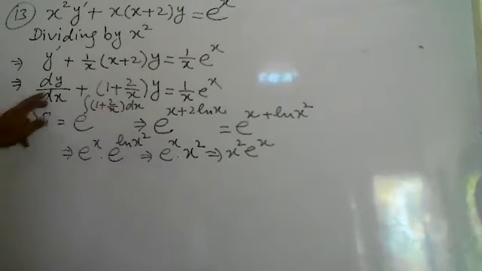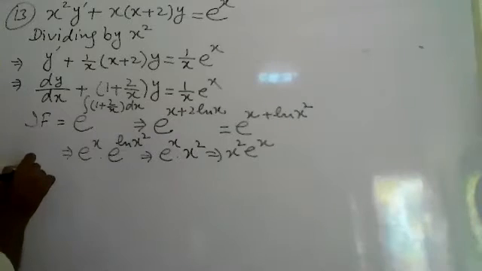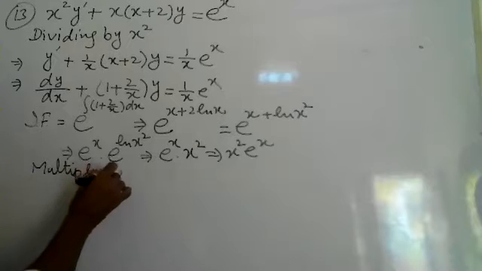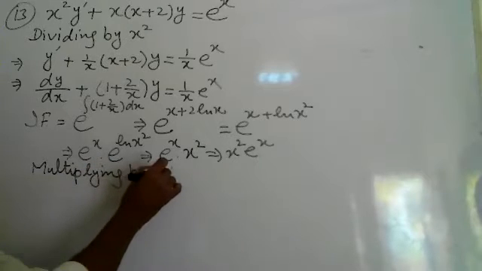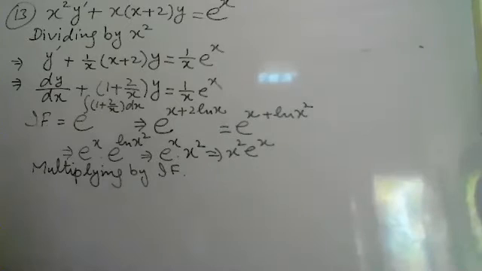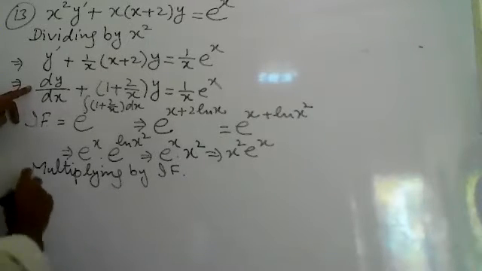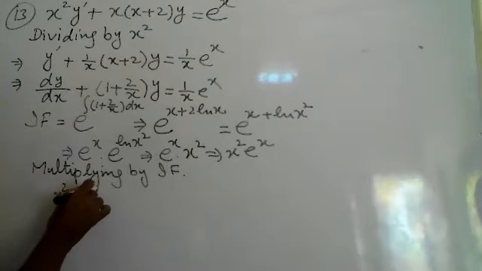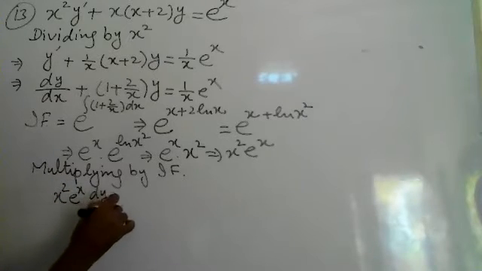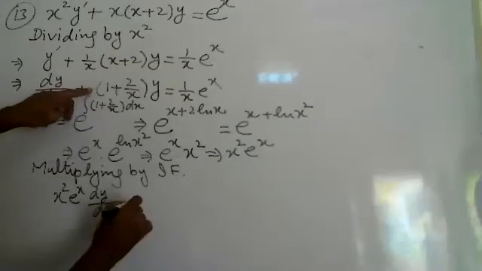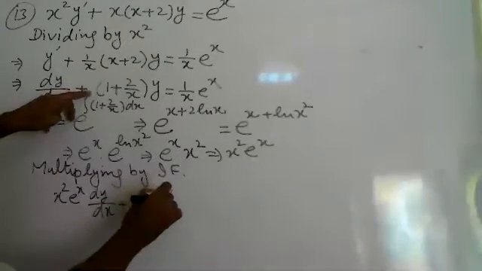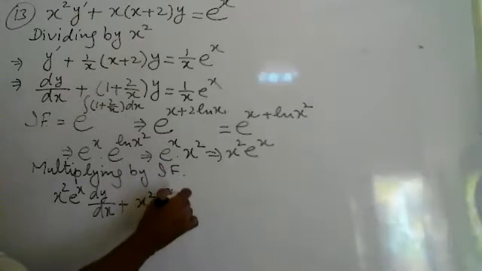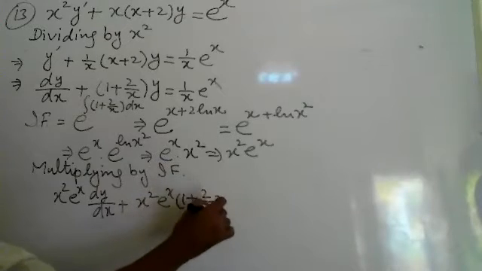Multiplying by the integrating factor with this one. So it will become x square e raised to power x into dy upon dx plus x square e raised to power x into 1 plus 2 over x into y.